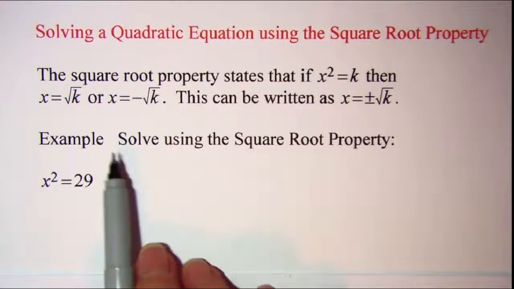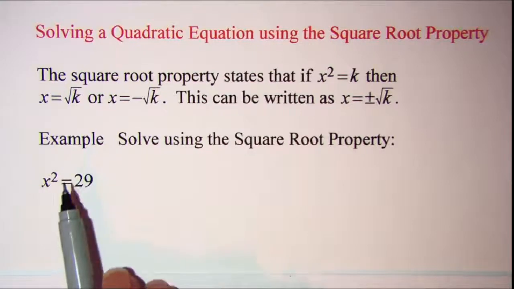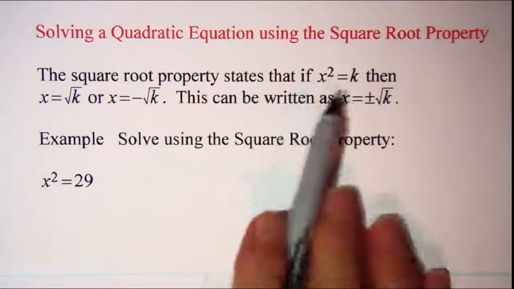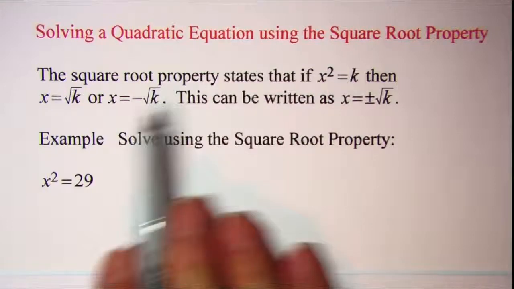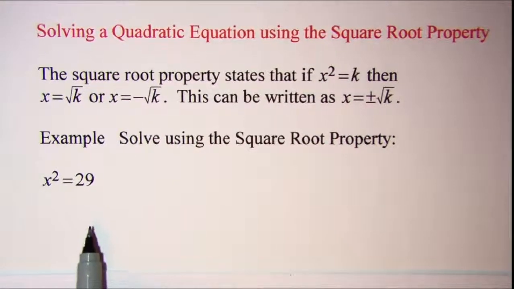Let's try a few examples. We're asked to solve using the square root property. Our first example is x squared is equal to 29. So what we're going to do, we have this condition, and we're just going to square root both sides.